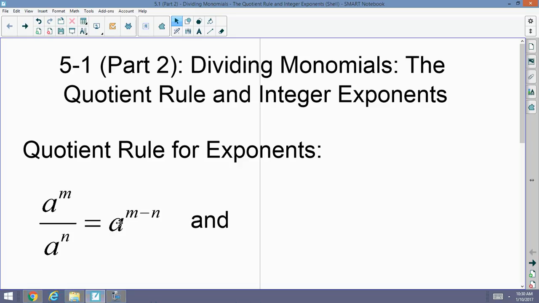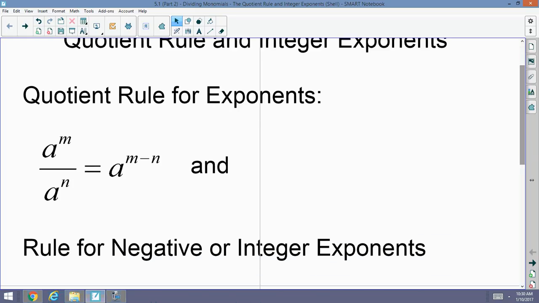So the quotient rule states that if I have a to the m power divided by a to the n power, I'm going to get a to the m minus n power.